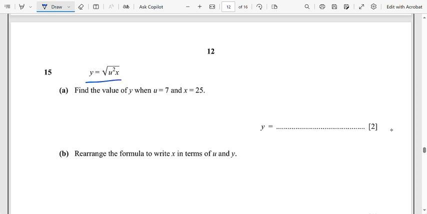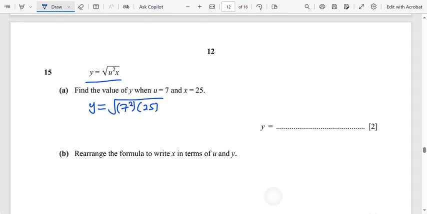In question number 15, we are told that y is equal to the square root of u squared minus x. Find the value of y when u is equal to 7 and x is equal to 25. So here we're just going to substitute. So y is equal to the square root of 7 squared multiplied by 25.